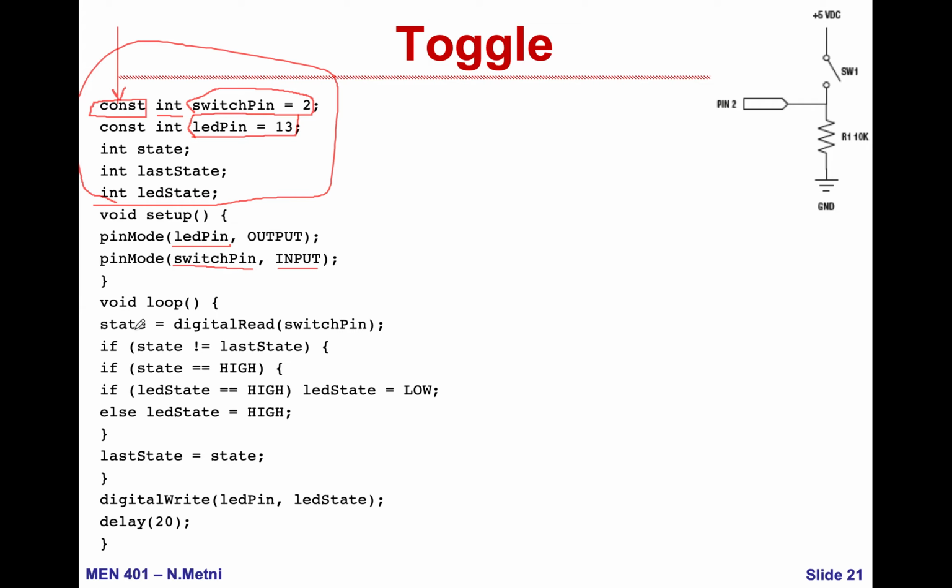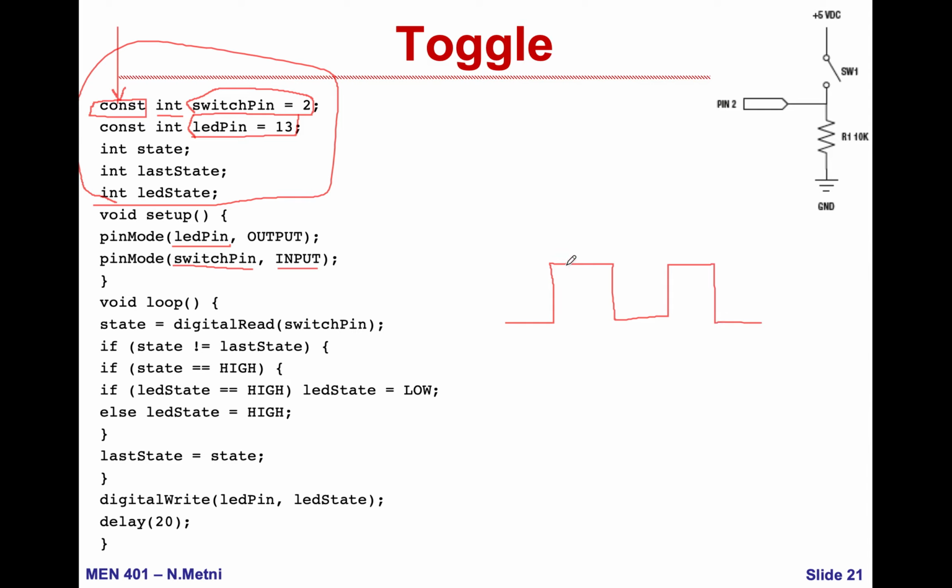So look at this void loop here. State is equal to digital read of switch pin, semicolon. Here I am reading the switch pin state from pin 2 and putting it in state. No matter what the state is, I don't care now. If state is not equal to last state, here I am testing if my current state is not equal to my last state.